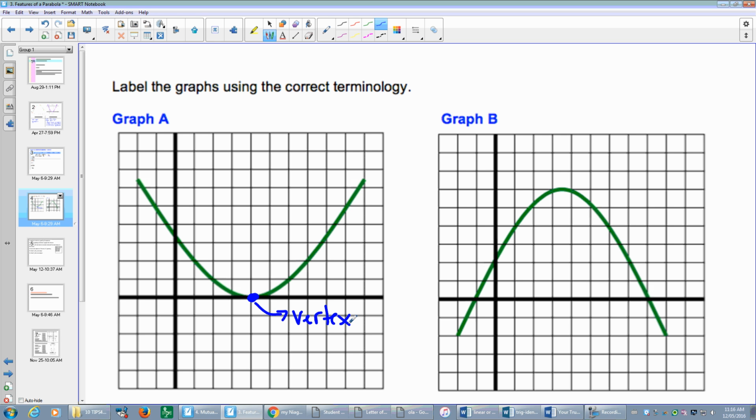It will be a maximum or a minimum point. Now, it says here that I have to label this x, y. So Noah, what coordinate value would I give that? What is this point right here that we do the vertex on?